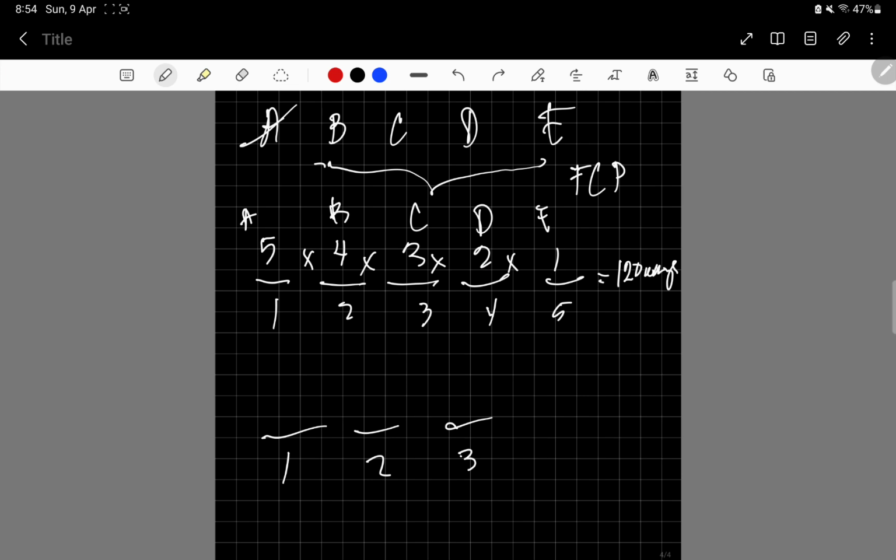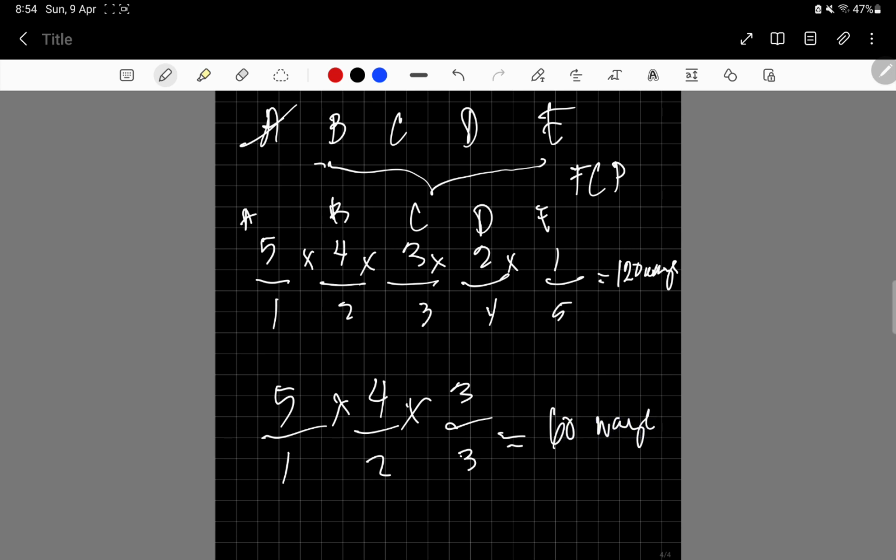Sa chair number 1, we have 5. How about chair number 2? We have 4. And for chair number 3, we have 3. Applying the FCP, 5 times 4 is 20 times 3, that is 60. We have 60 ways.